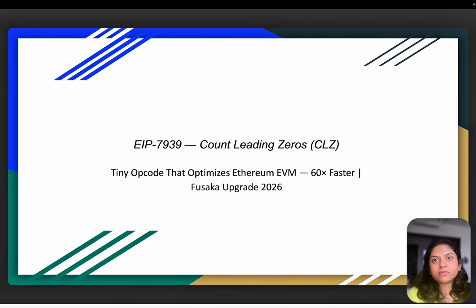Then the next slide is: why was it needed? Now you might think, who cares about zeros? But there is a trick. CLZ is used everywhere in computer science. Whenever you need to figure out the most significant bit, there are tools like algorithms, square root approximations, data compression algorithms, and ZK proof math that all use CLZ.